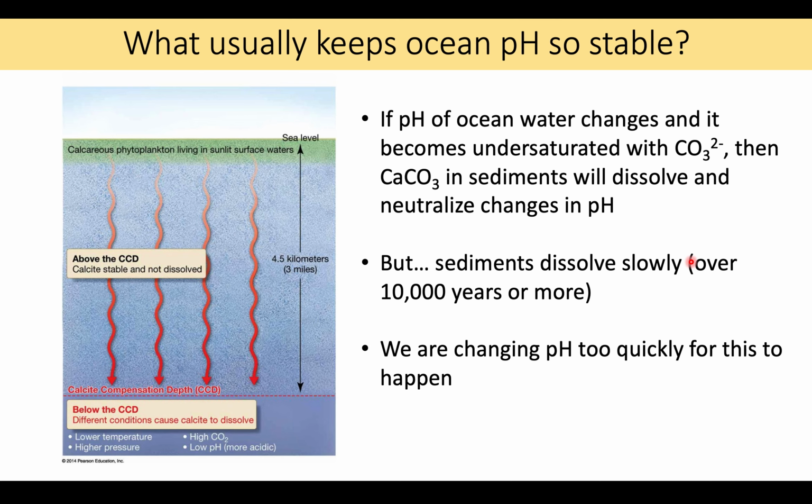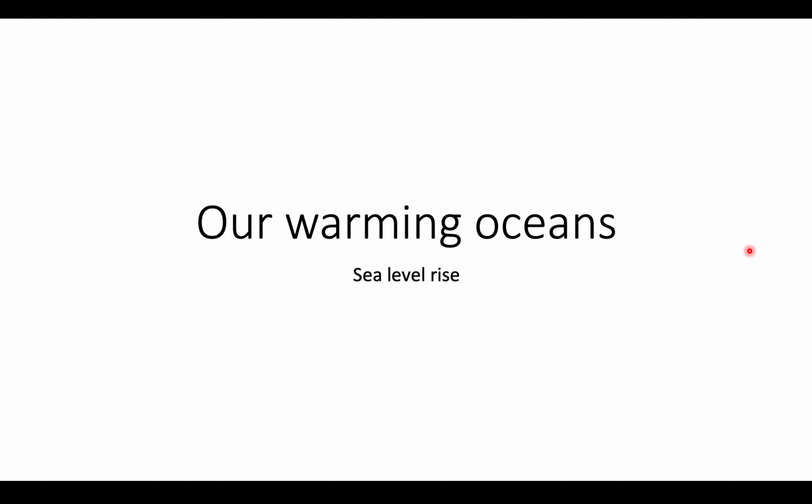What's happening now is that we are changing the pH much, much faster than the ocean can balance itself out on its own. We're changing the pH much too quickly for the natural fix of acidification to occur. So that is proving to be quite dangerous for a lot of the organisms in our ocean.